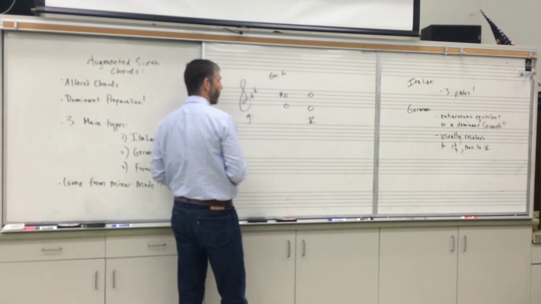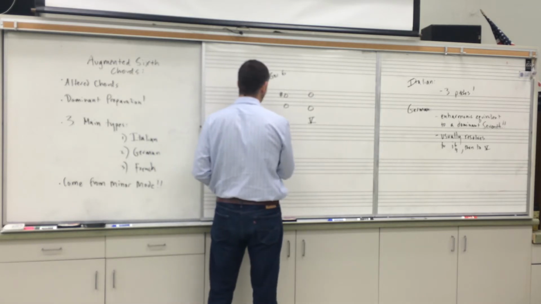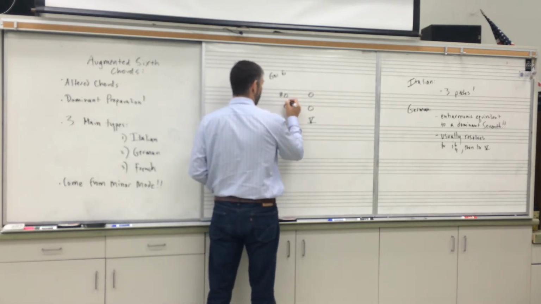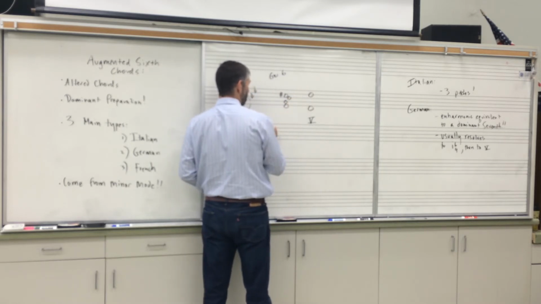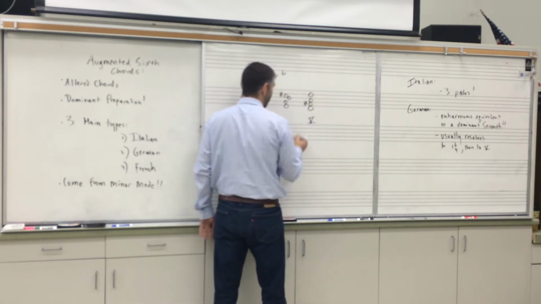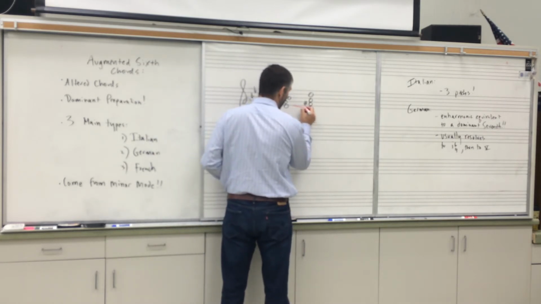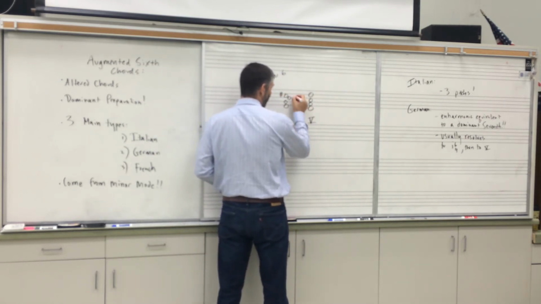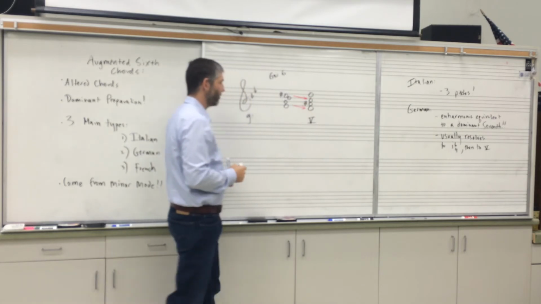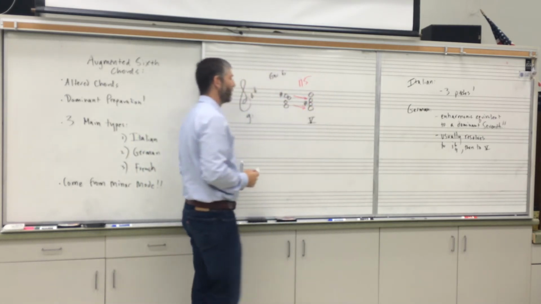It comes from a 4/7 chord, C, E, G, B flat, or C, E, G, B. If I resolve this to a 5 chord, E flat is going to go down to D, and this B flat is going to go down to A. And I'm going to have parallel fifths.